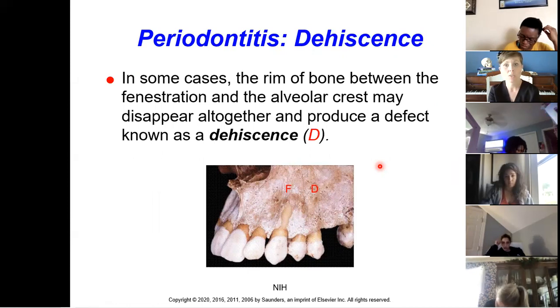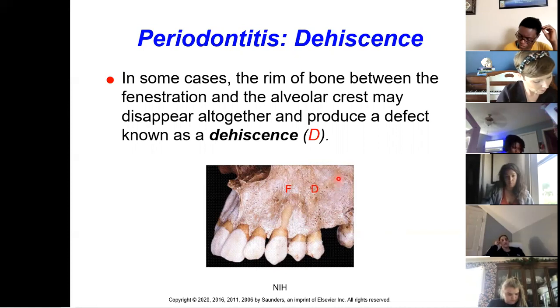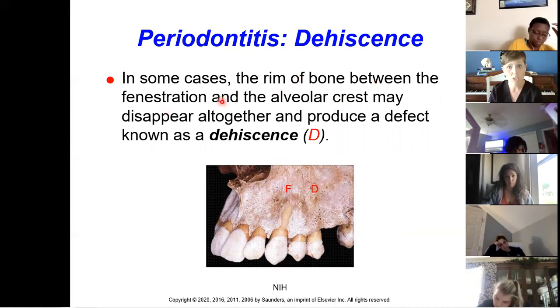Dehiscence is when the rim of the bone between the fenestration and the alveolar crest may disappear altogether and produce a defect. It just means the rim of bone between the fenestration and the alveolar crest.